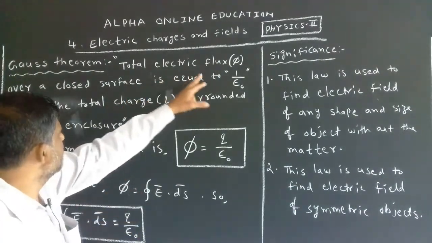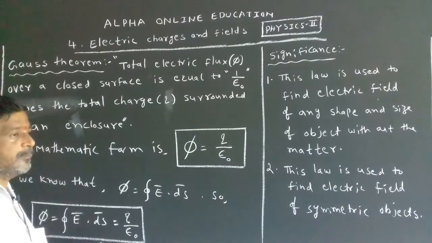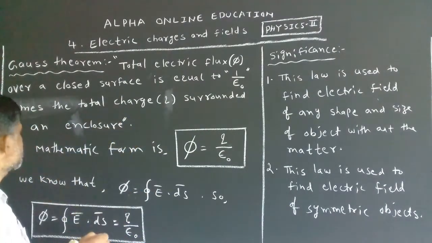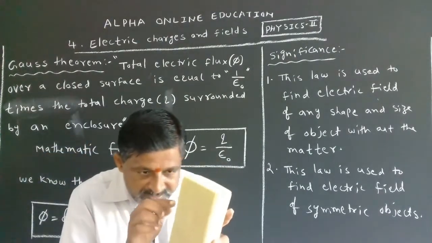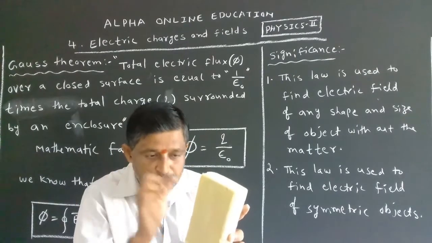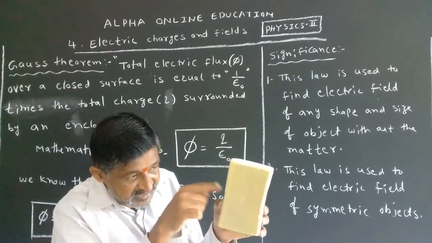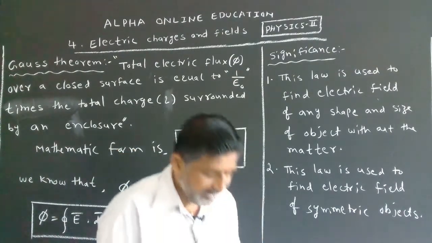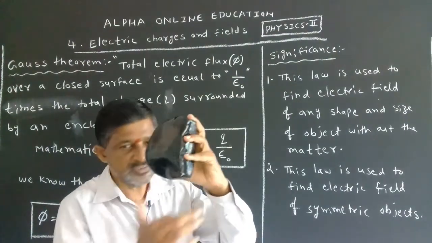The total electric flux over a closed surface is equal to 1 by epsilon naught times the total charge Q surrounded by an enclosure. Now, let us take this is one object. If any charge Q exists inside this object, it is also one closed object or closed surface.